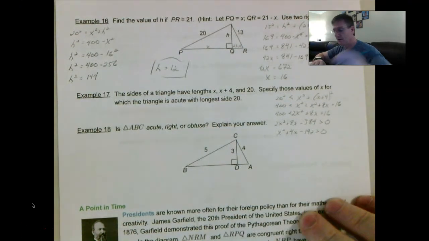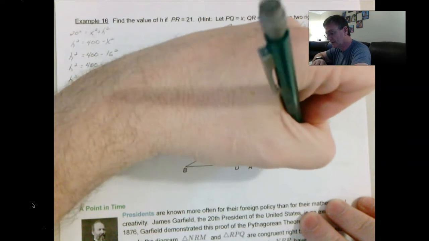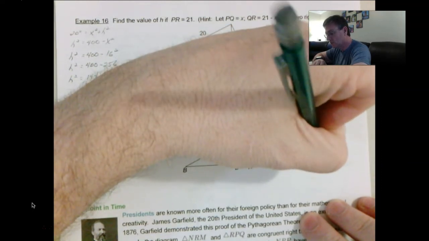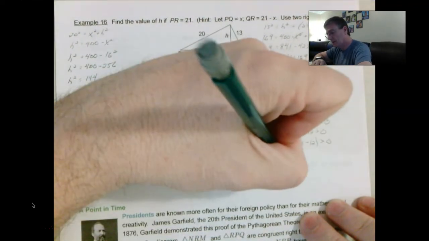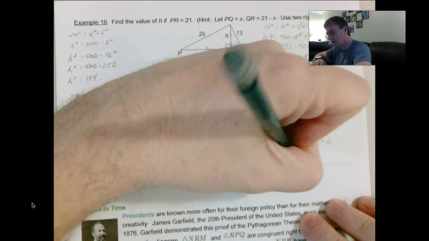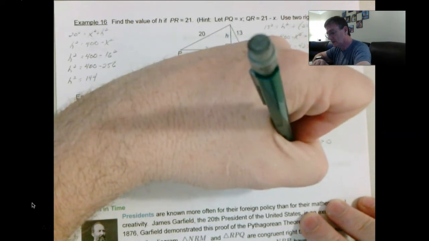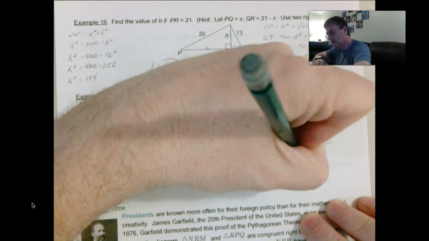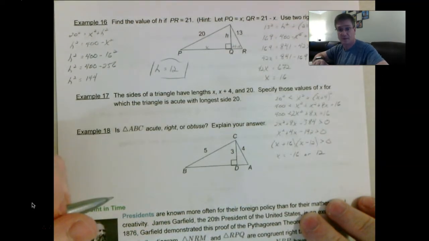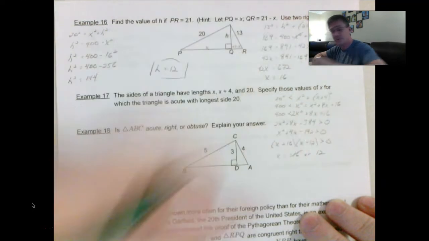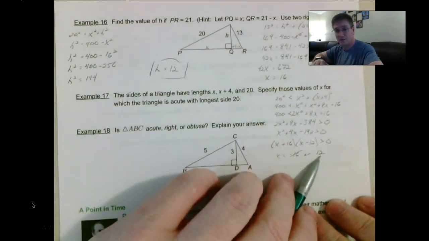Let's factor. (x plus 16)(x minus 12) greater than 0. x is equal to negative 16 or positive 12. Since it's definitely not a negative value, it's got to be equal to the 12.